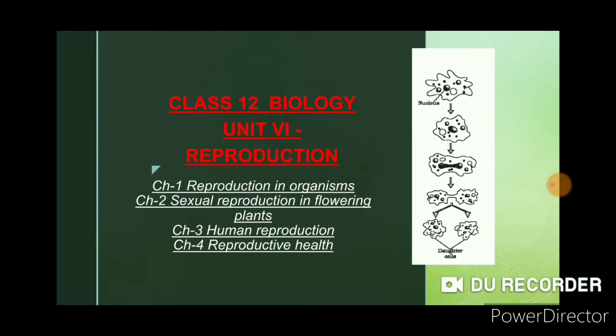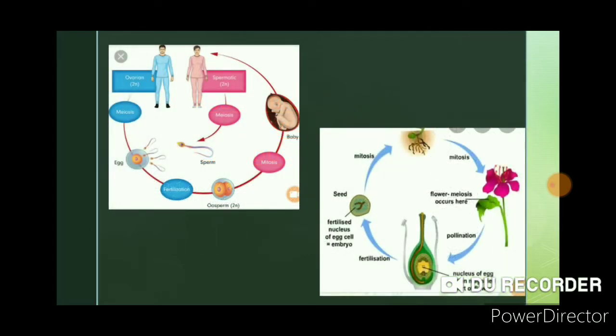Basically, reproduction is one of the vital processes without which no organism on this earth can survive for long. Whether it's human, whether it's plants, any living being reproduces, as we have already studied in class 11, chapter number 1, that reproduction is one of the defining characteristics of a living being.